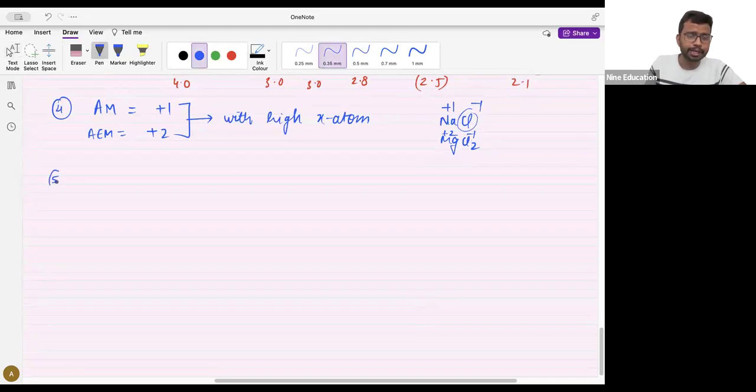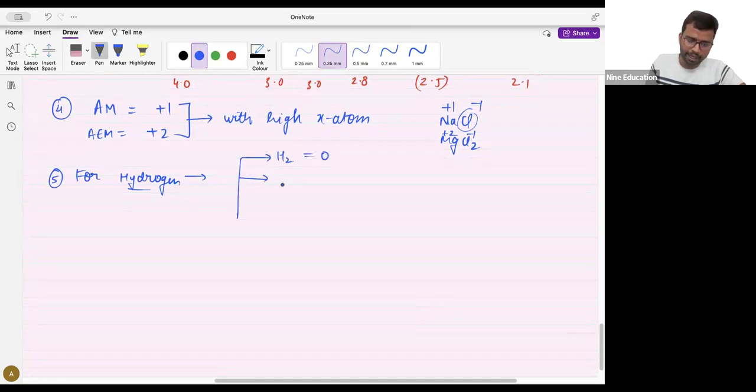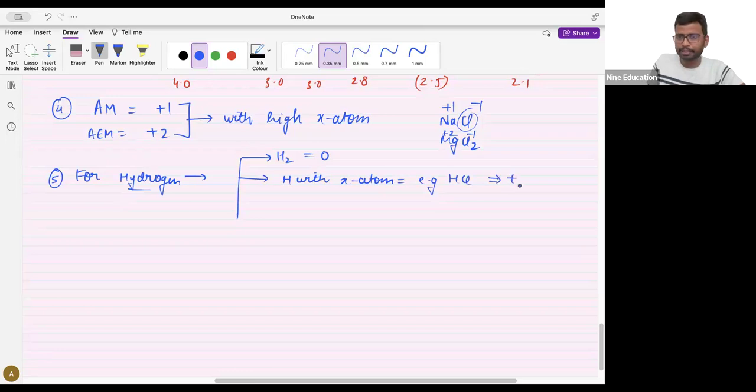So this is the fifth part. For hydrogen, let's say we have simple hydrogen in elemental form, its oxidation state is 0. If we have hydrogen with an electronegative atom, let's say HCl, here the oxidation state will be +1.